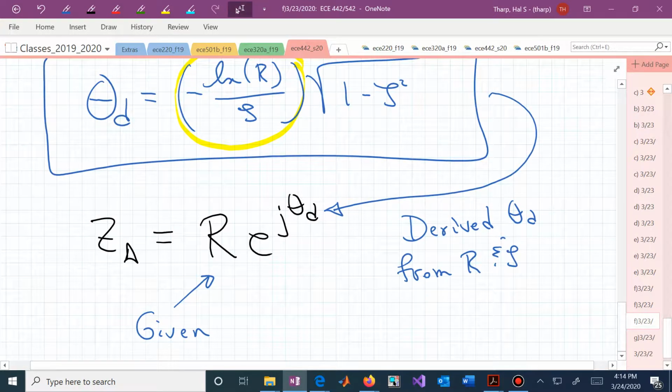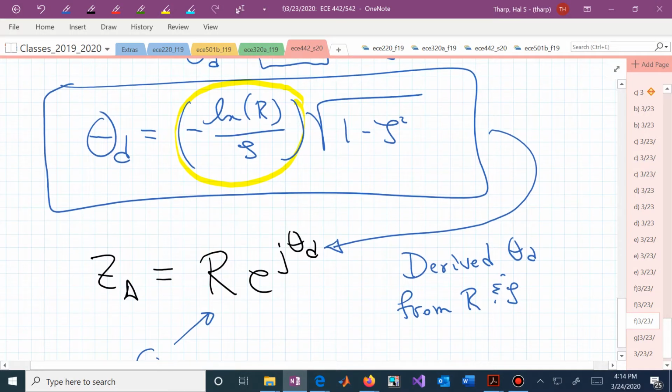So if somebody gives us percent overshoot and settling time, we can translate that into a particular pole location in the complex z-plane, where r is explicitly given and theta sub d is in parameterized form in terms of r and zeta. And so theta sub d is derived from r and zeta. That is how we can combine these different performance specifications to arrive at a set of poles that simultaneously satisfy a settling time specification and a percent overshoot specification.